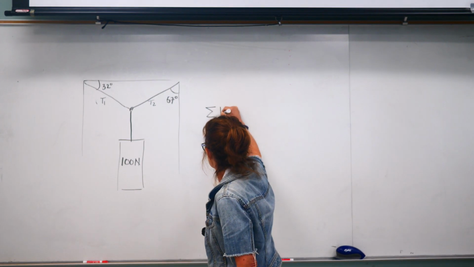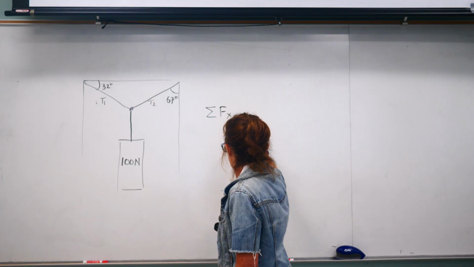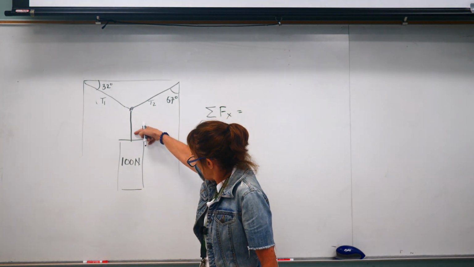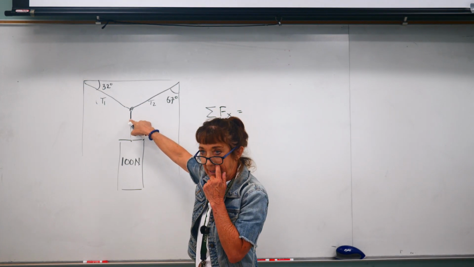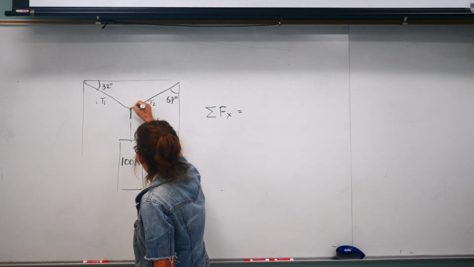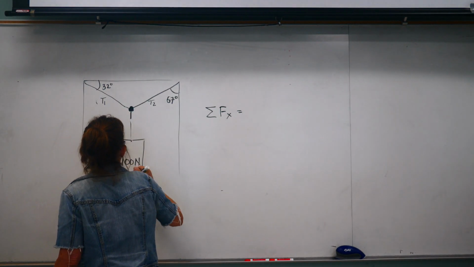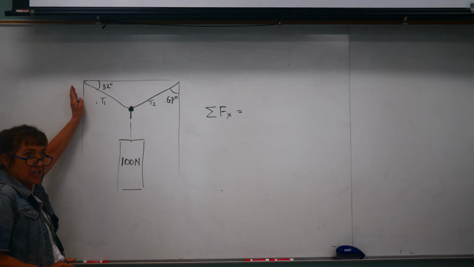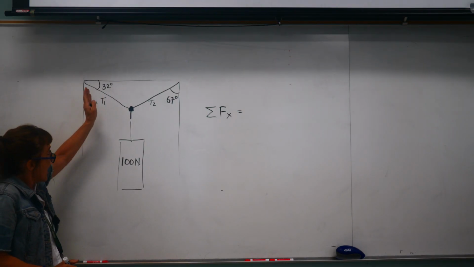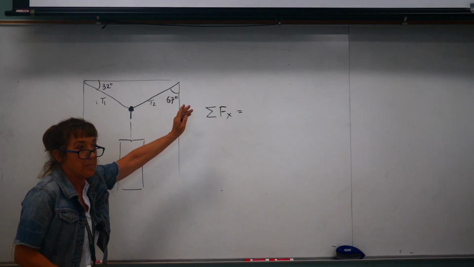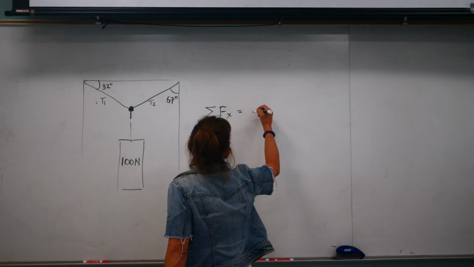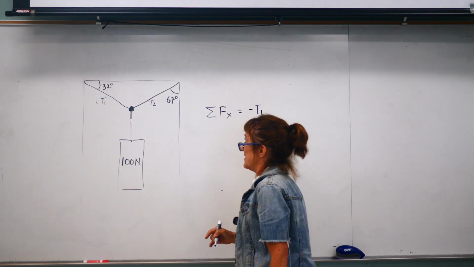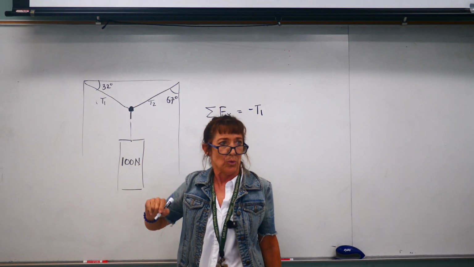Sum of the forces in the x are going to equal. Is there a force going this way here? No, right? If I take my origin here, everything to the left by convention will be negative. Everything to the right by convention will be positive. So it's going to equal negative T1 in the x, cos 32.